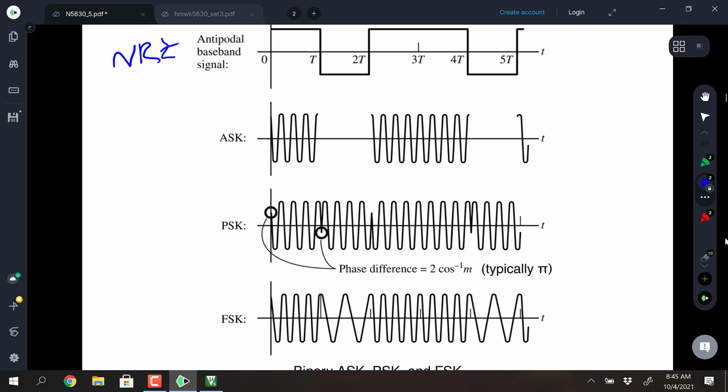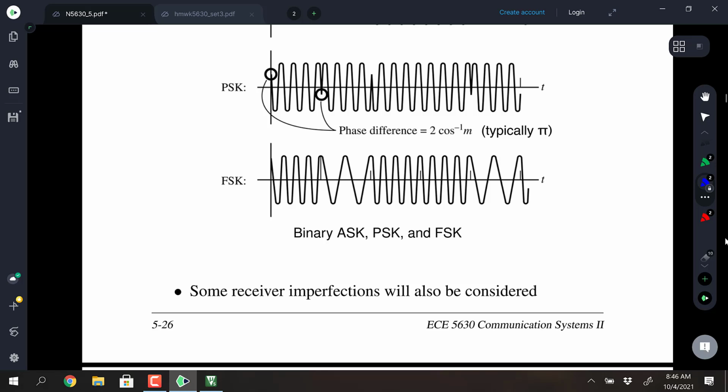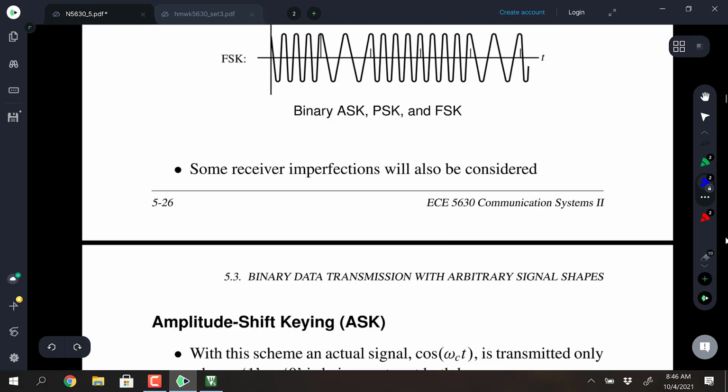If it's modulation index m, it won't go all the way to 0 or 180, and that means it's going to average to some other carrier component that's on the cosine. If it's FSK, then it's just shifting frequencies between a high frequency and a low frequency.